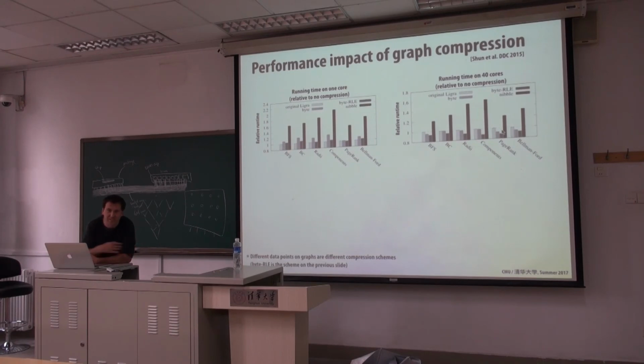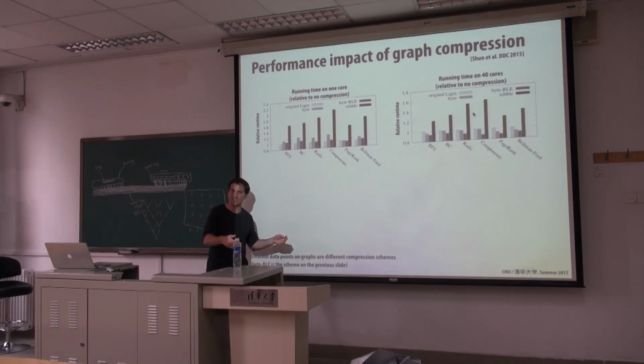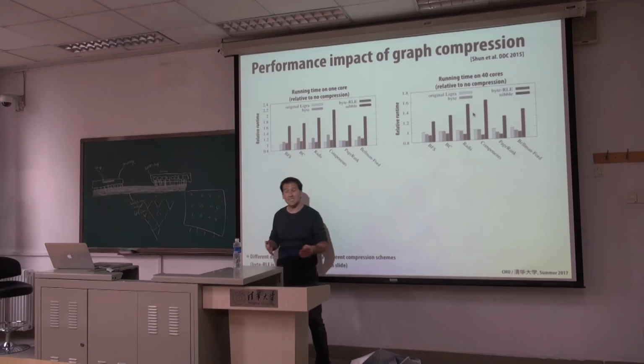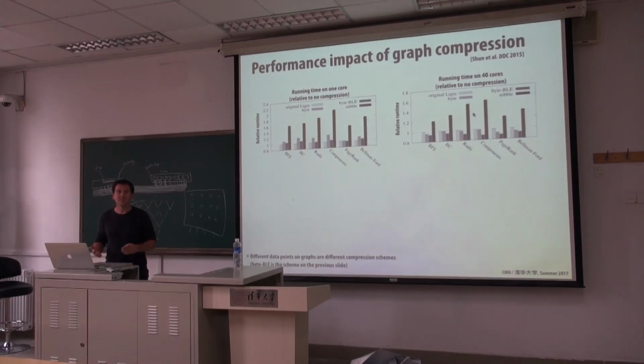Correct, exactly. On one core, we are not memory limited. We are running as fast as the core can do instructions. When 40 cores all start asking for data in different parts of the graph, we become memory bound because memory cannot keep up with all of those requests. So it makes sense for these processors that are waiting on memory to instead read less data and burn some of their wasted cycles to do decompression.